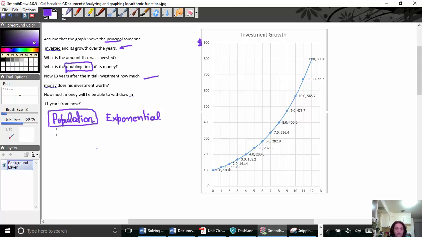Since we are referring to doubling time, the formula that we should use is P of t equals P0 times 2 to the t over A, where P0 is the initial population, in this case the initial investment that we had, and A is the number of years that it takes for this population to double.